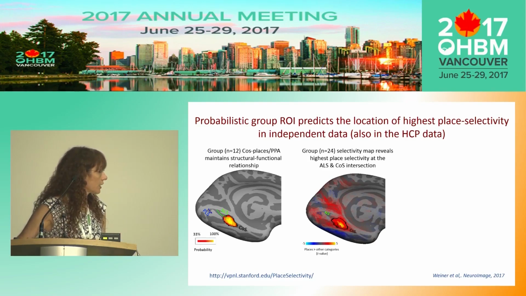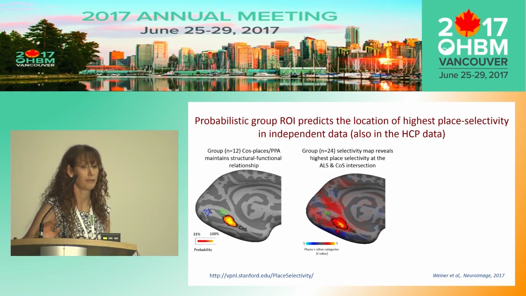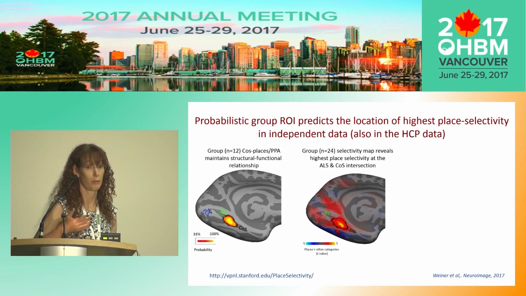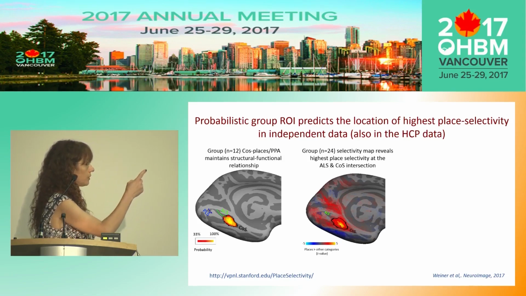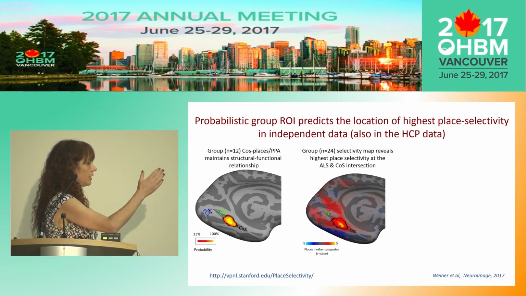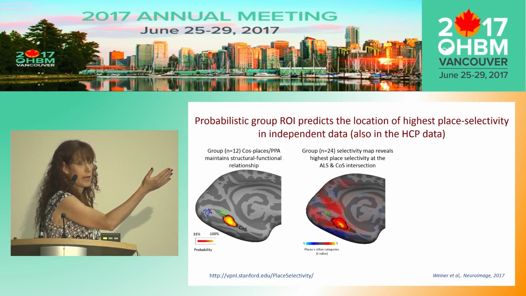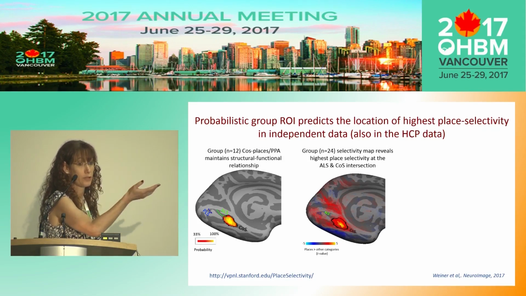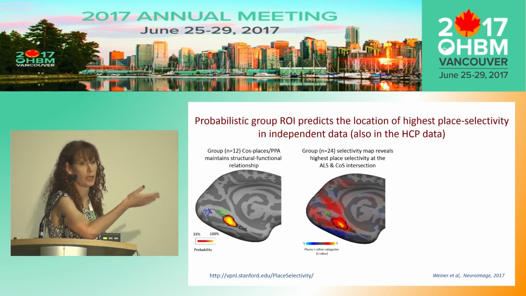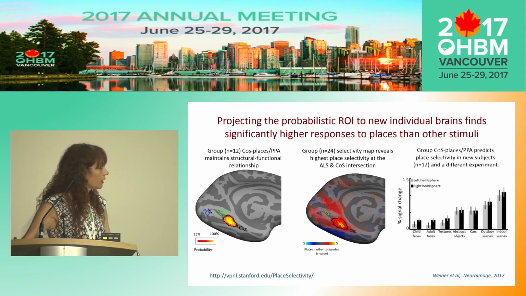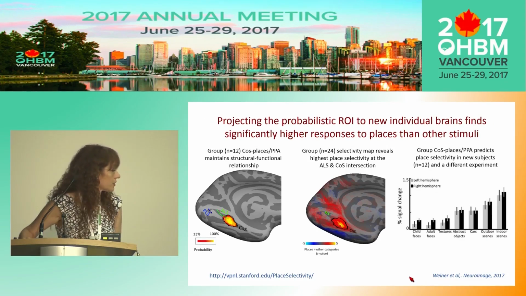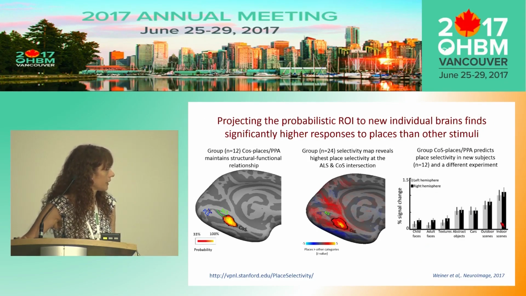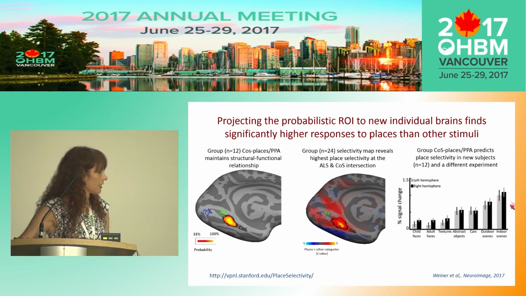So the question is, can we also predict the place selectivity in an individual subject's brain from this probabilistic ROI? What we do is an inverse cortex-based alignment, now aligning this ROI into individual subjects' brains, and then extracting the signals from each individual subject's brain, and then we can test if it actually predicts place selectivity. This is what we did in the third analysis, extracting the activity from a different experiment in 12 independent subjects.